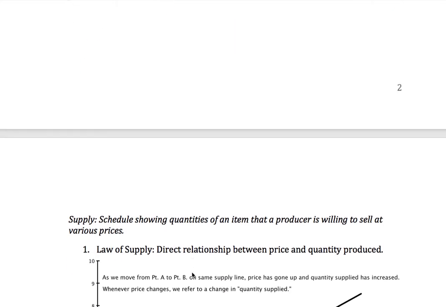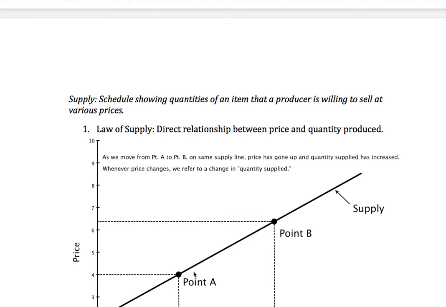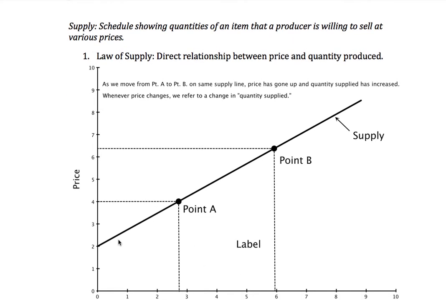When we look at supply, that's our supply line or supply schedule, we see the supply curve is upward sloping. That means there's a direct relationship between price and quantity produced, which makes perfect sense, right? In other words, as a business person, if you can get more money for what you're selling, guess what?